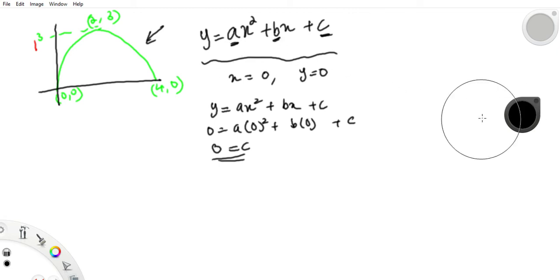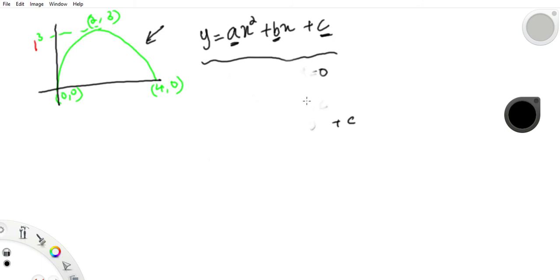Next, I want to find A and B. In order to find A and B, we gotta see what we can make first. So we know that x at one point equals 2 when y is 3.